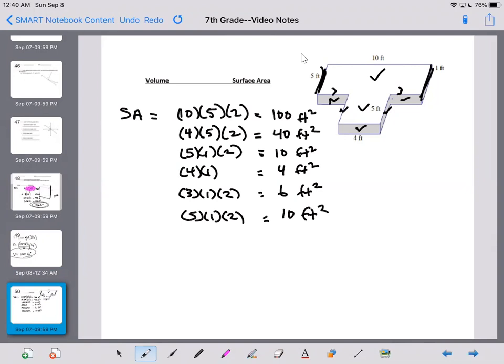And then we also have one more. So just kind of go through and look at what we've counted. We've got 1, 2, 3, 4, 5, 6, 7, 8, 9, and then we've got the other half as well, the back side of it. But then we don't have this very back piece, which is going to be a 10 by 1.